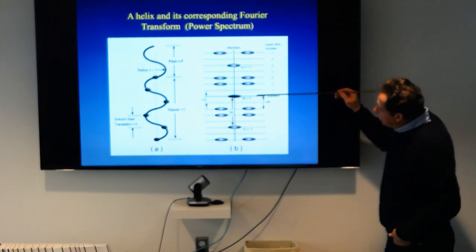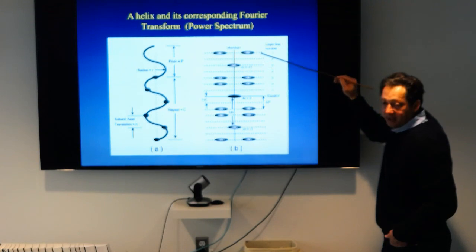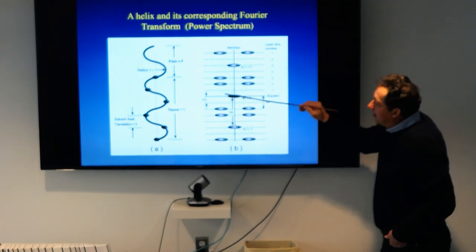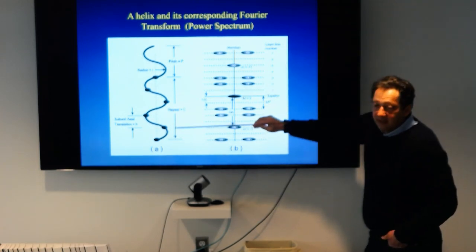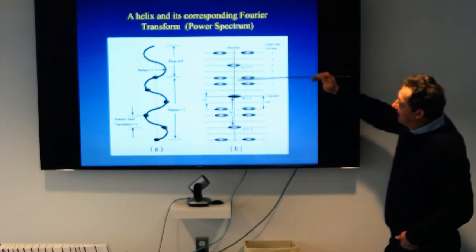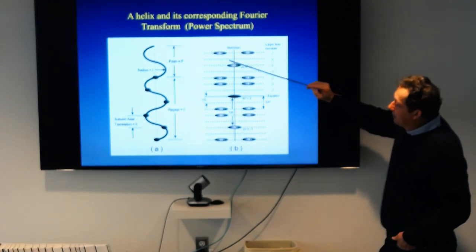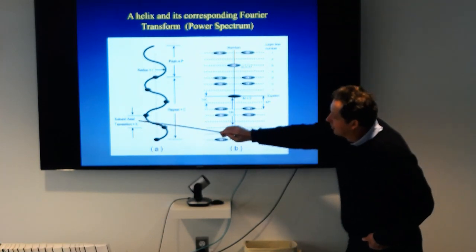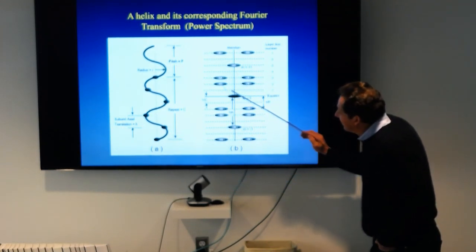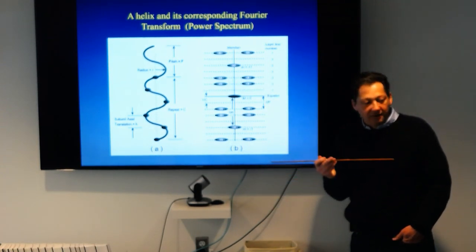If you find the minimal distance at which you pass through all the peaks, this is going to be the reciprocal of your repeat distance. The distance between the origin and the first meridional is going to be equal to the inverse of your subunit axial repeat. And the position of the layer line is related to the pitch of the helix.